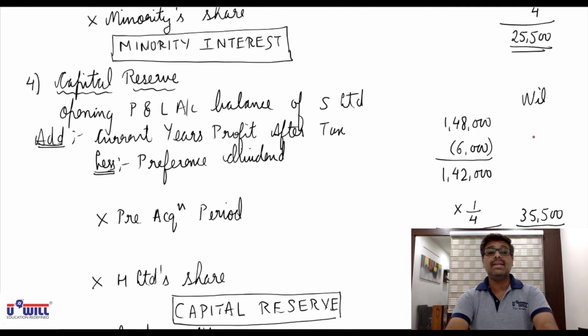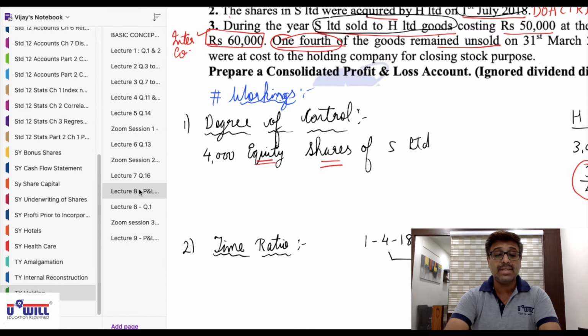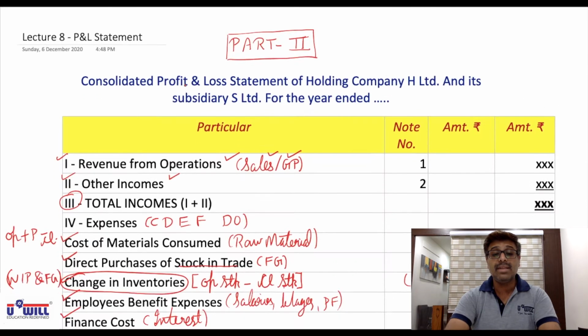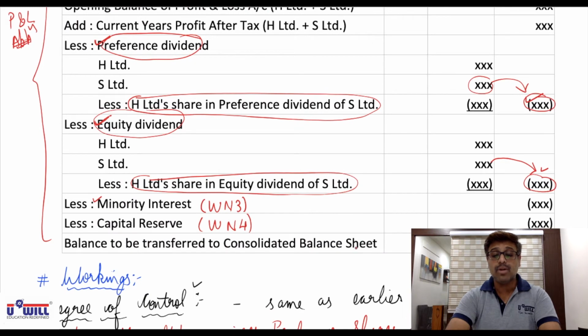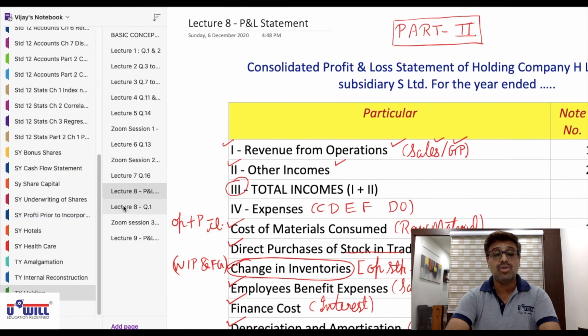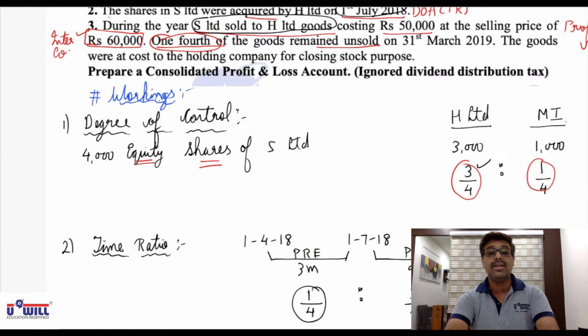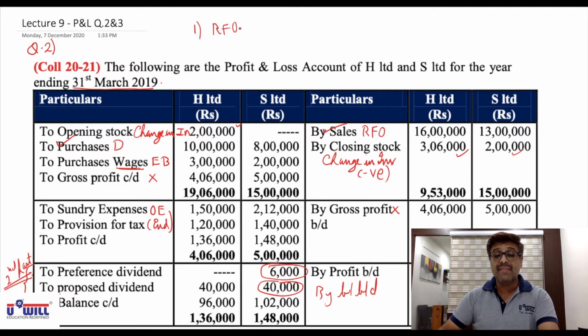Now, all of you make the profit and loss statement, this entire format of P&L statement as we discussed in the last lecture, till the balance to be carried forward to consolidated balance sheet. And after that, all of you make the notes also. Which all notes will come in this question? Note 1 will be revenue from operation that we have.